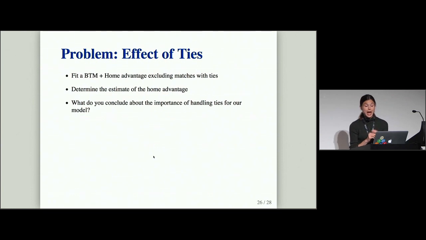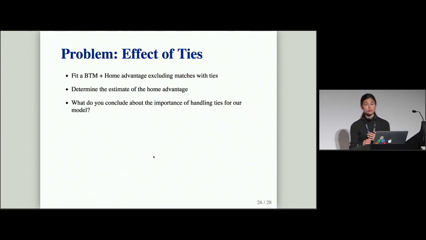To see how it might actually be influencing, we can look at the subset of results that did not involve draws. That will at least give us some idea: if it looks very different from what we see in the full data set, that would suggest that the way we're handling ties could be problematic and that our results are sensitive to that.